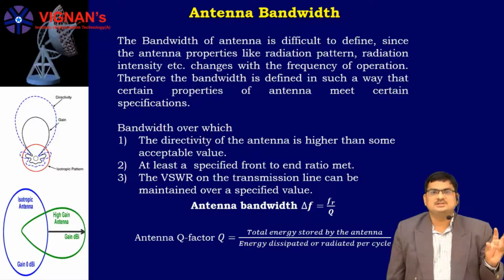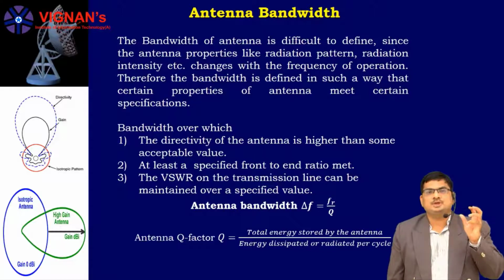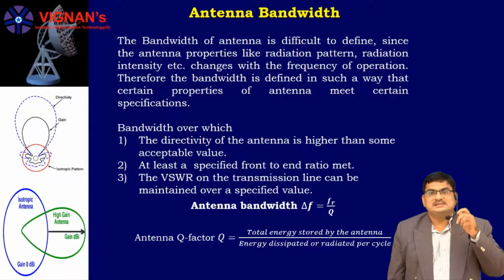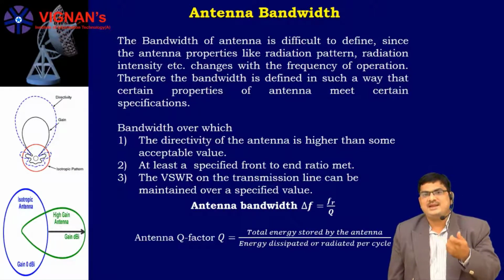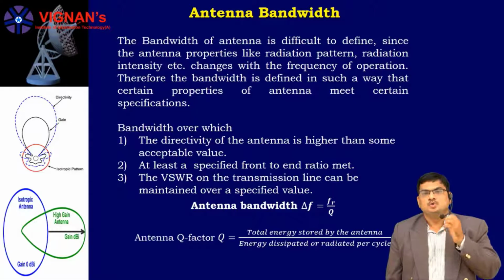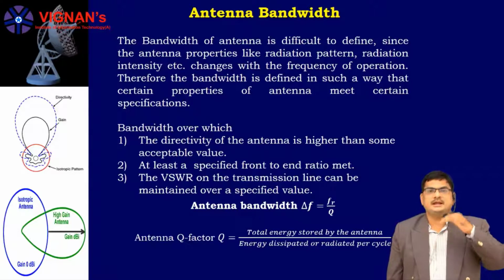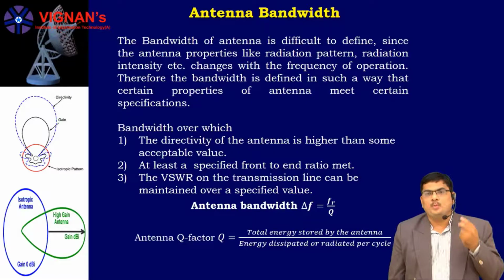So bandwidth equals FR by Q, that means resonant frequency or center frequency divided by Q. Your bandwidth is inversely proportional to the Q value.